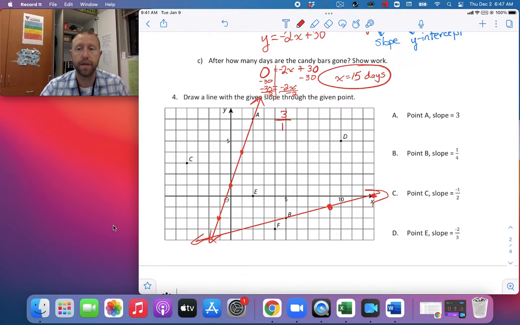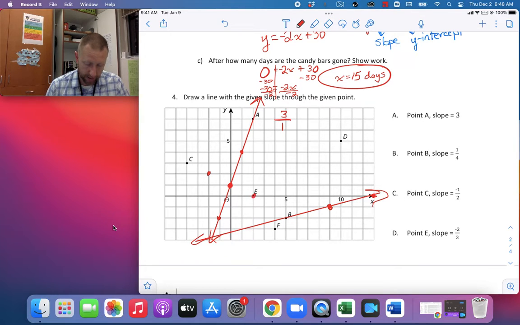All right, for the next one, for point C, now I have a negative slope. So from point C, which is right here, I'm supposed to go down 1. Since it's a negative now, I go down 1 and to the right 2. That would be my next point. And I've got lots of room to do this again and again and again, and that's exactly what I'm going to do. Down 1 to the right 2, well, there's already a point there from this line, but I'll just darken it in a little bit more.